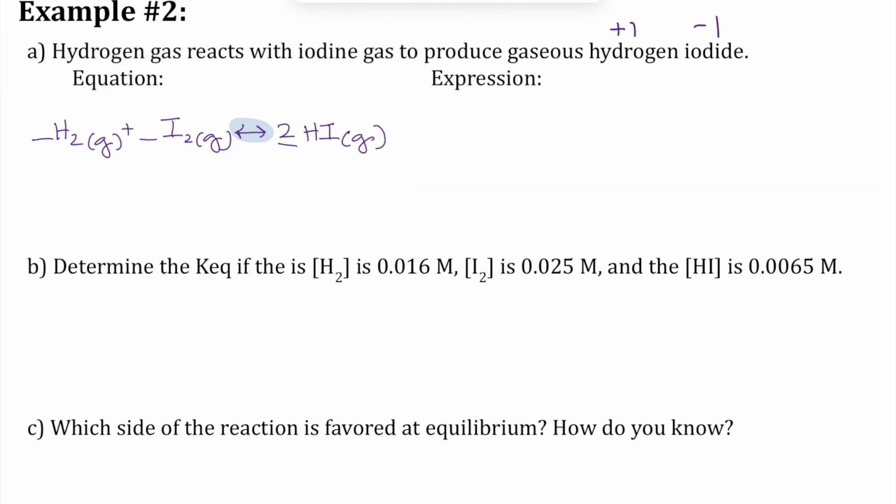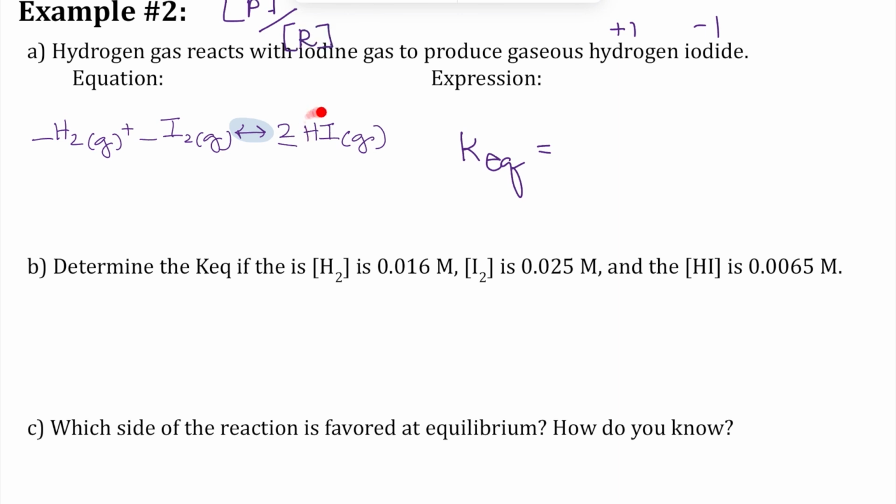Now writing that KEQ expression, remember we're only going to include things whose concentration can change. All three of these are gaseous, so they all can change concentration. So writing our KEQ expression, it's concentration of products over concentration of reactants.